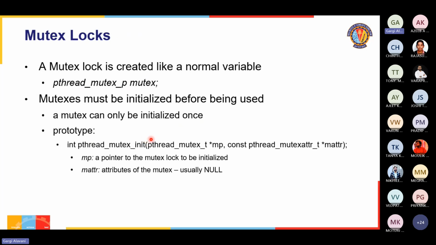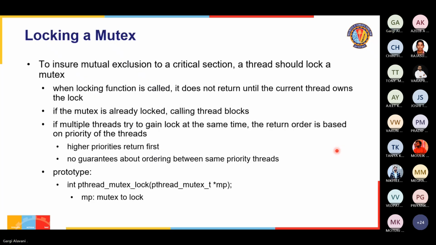In initialization, you provide the mutex, which is a pointer to the mutex lock to initialize, and then an attribute, mattr, which you can provide to this init function. Then the next step is how do you lock? First, declare the mutex, initialize it. The next step is lock.